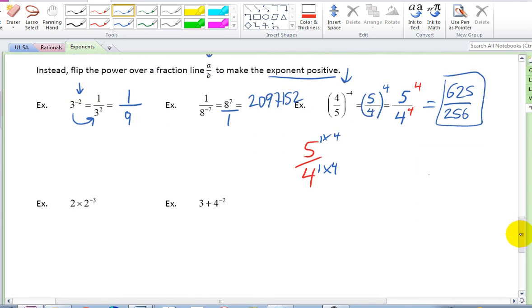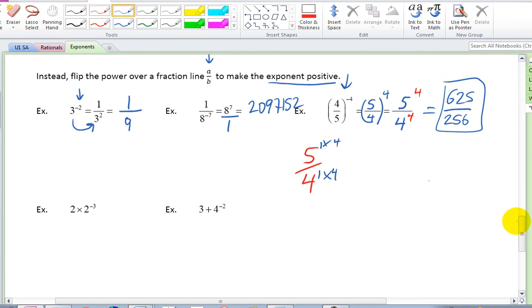Okay. A couple more examples then. So for this next one, we're not simplified yet. What is the new exponent? 2 exponent what? What should be our exponent? Yeah. 1 plus negative 3 is the exponent. So what should we get? Negative 2. Okay. Now fix that. So take your exponent and make it positive by flipping it over the fraction line.